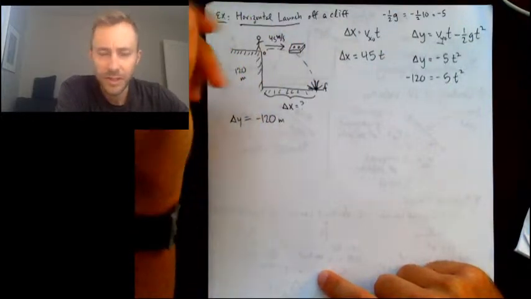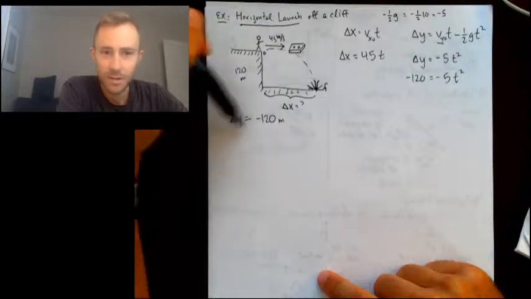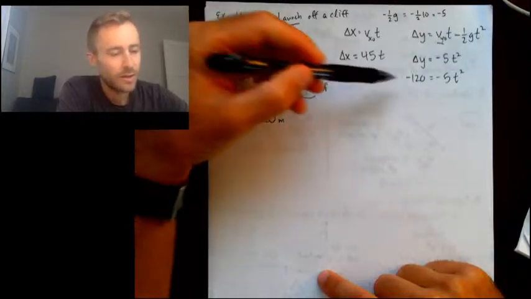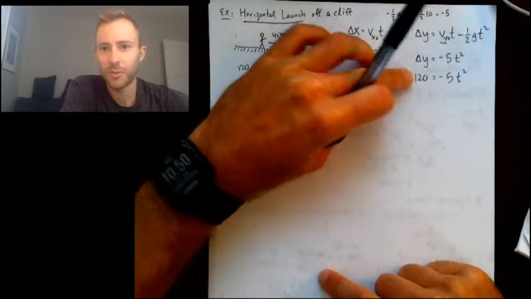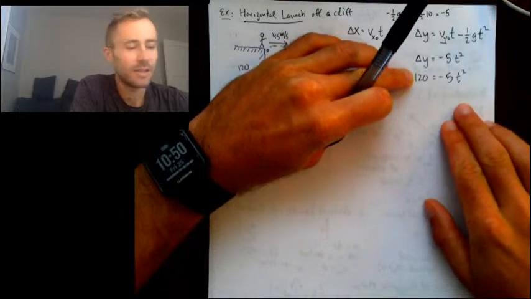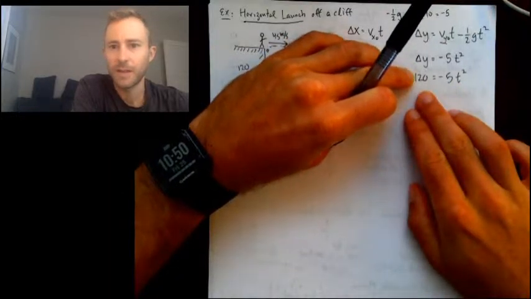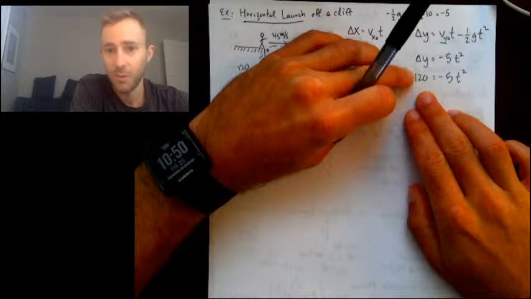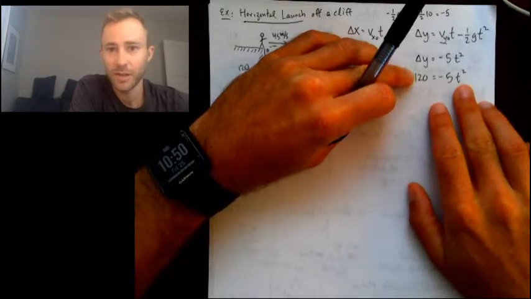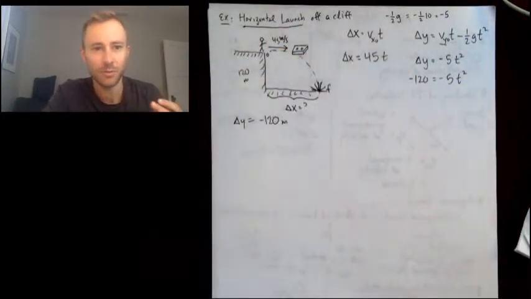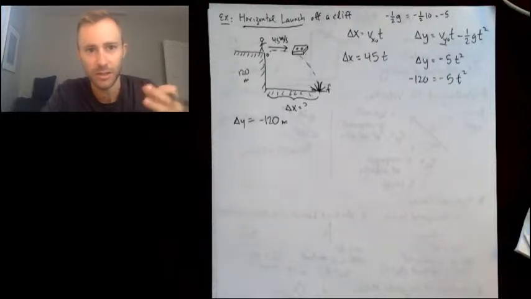Notice what would happen if we didn't have the delta y being negative 120. Then, when we solve this, we would divide by negative 5, okay? And then we would have negative 24, and we would have to take the square root of that. So the time elapsed would be an imaginary number because we're trying to take the square root.